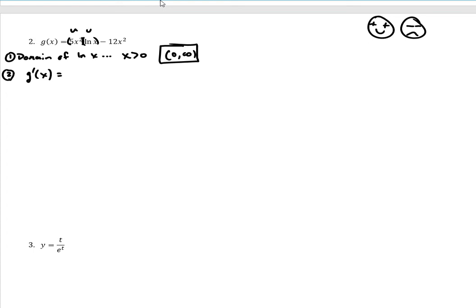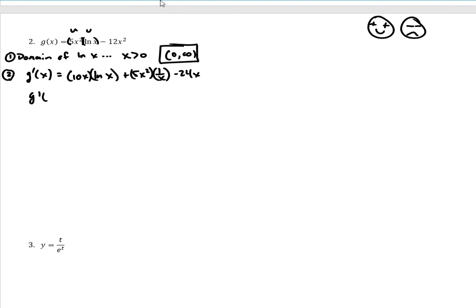I know it's the derivative of u, which would be 10x, times just v, which is natural log of x, plus just u, 5x squared, times the derivative of the natural log of x, which would be 1 over x. And then minus the derivative of this, which would be minus 24x.